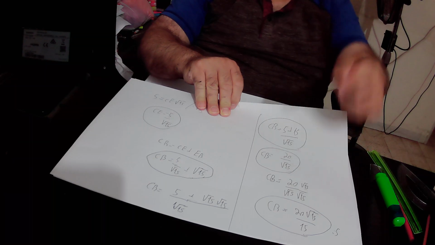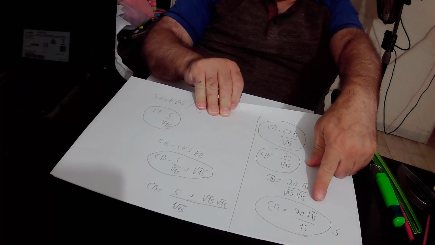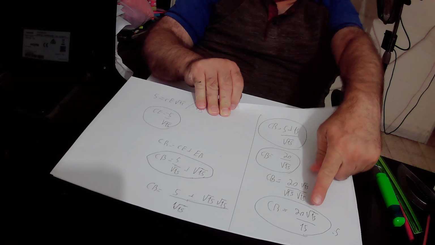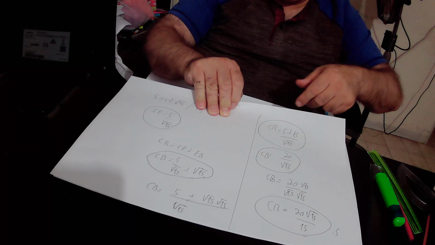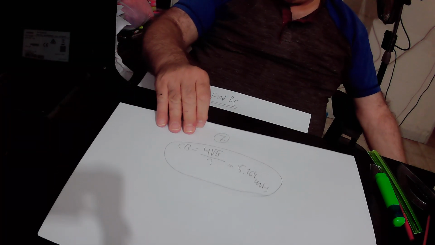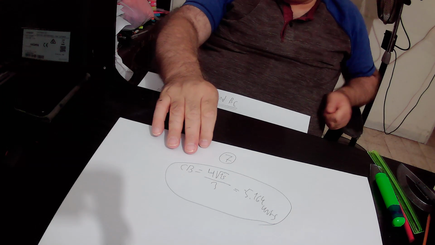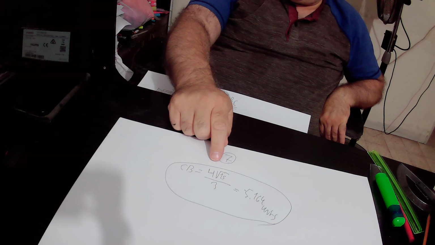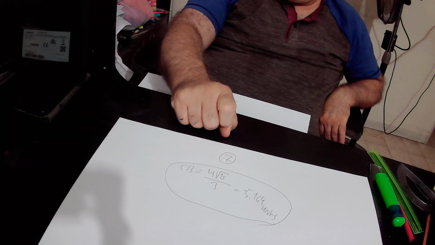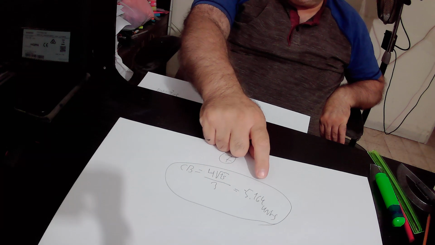So CB equals 20 times square root of 15 over 15. We divided both the numerator and the denominator by 5. 20 over 5 is 4 and 15 over 5 is 3. So in conclusion, CB, the chord that we are looking for, equals 4 times square root of 15 over 3, or in terms of numbers, 5.164 units.